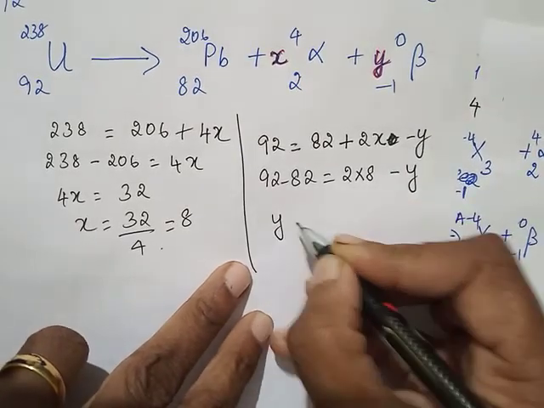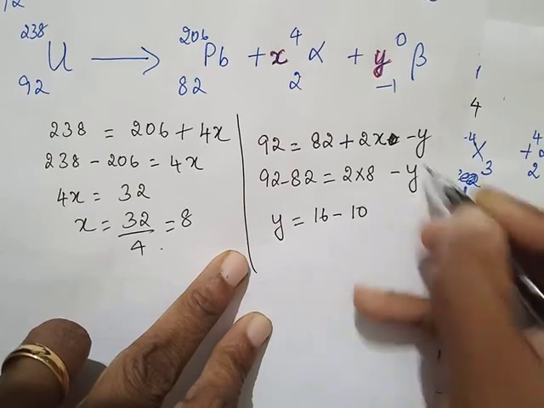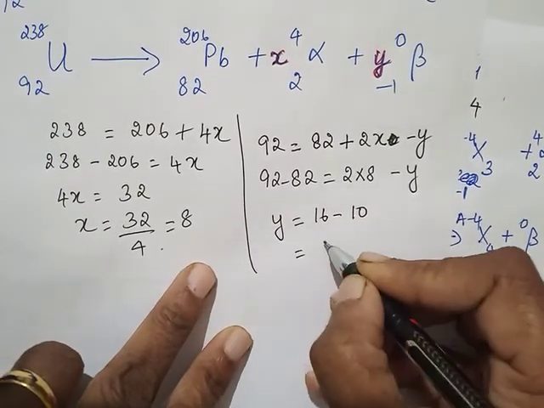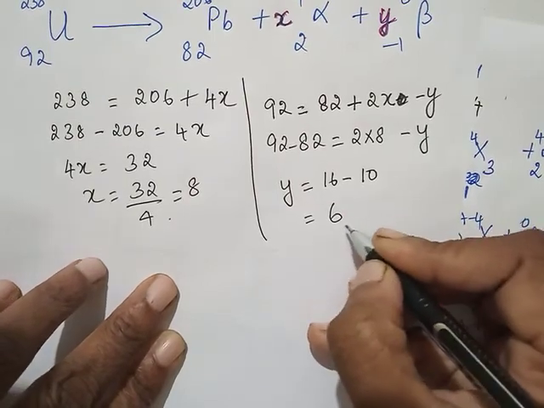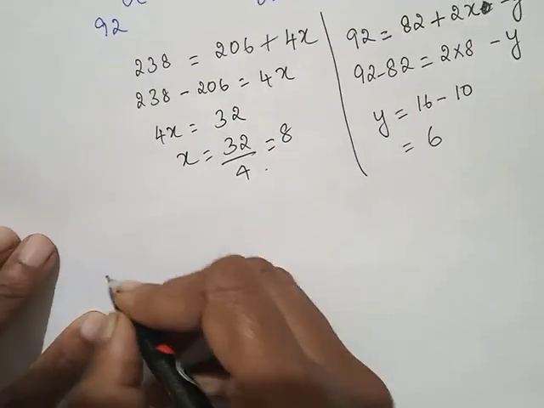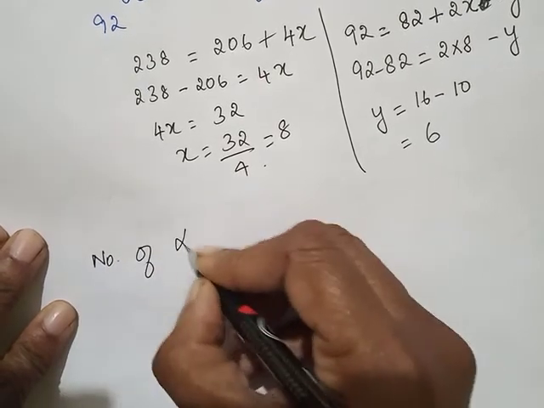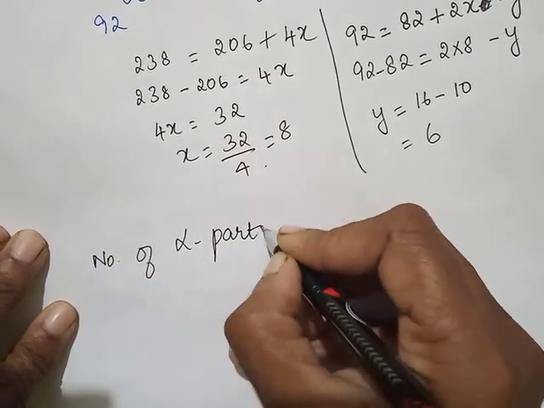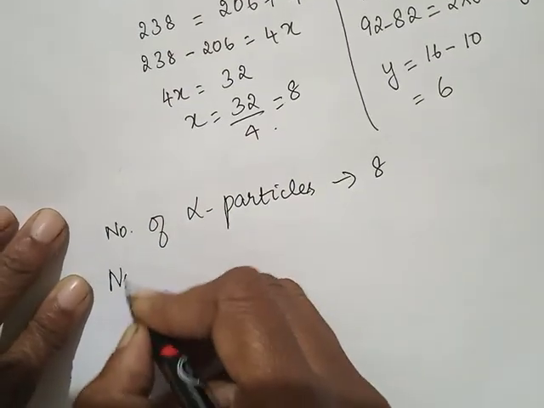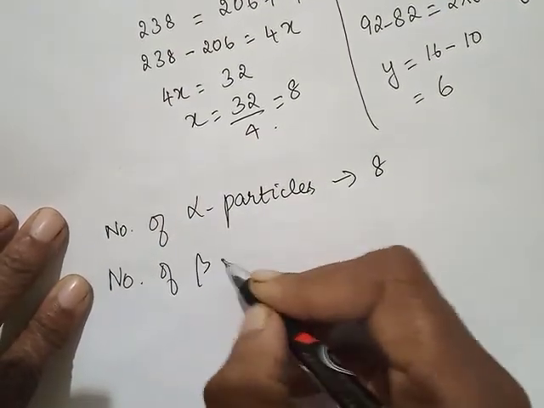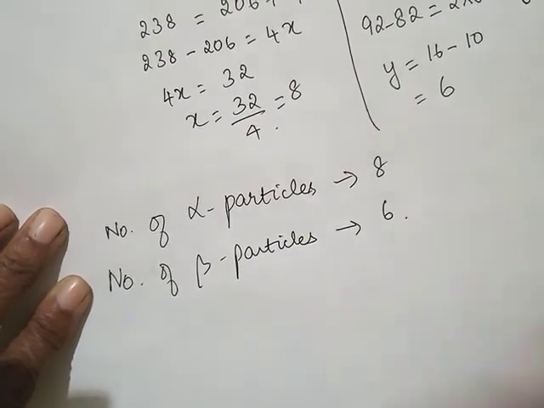Bring Y to this side. 2 8s are 16. 92 minus 82 is 10, so Y will be equal to 6. So the number of alpha particles emitted was 8 and the number of beta particles was 6.